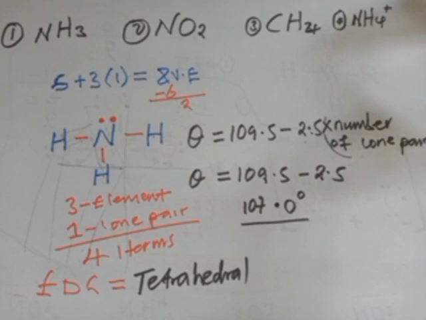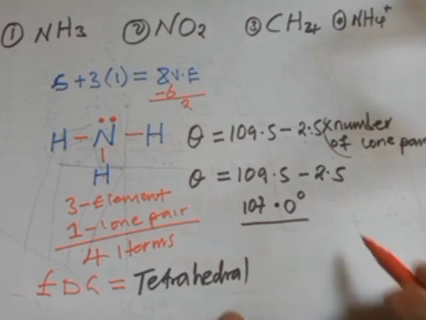Okay, now to find the molecular geometry, we have that simple table which was given. Tetrahedral. If a tetrahedral is having a single lone pair, its molecular geometry is given by the name which is what?